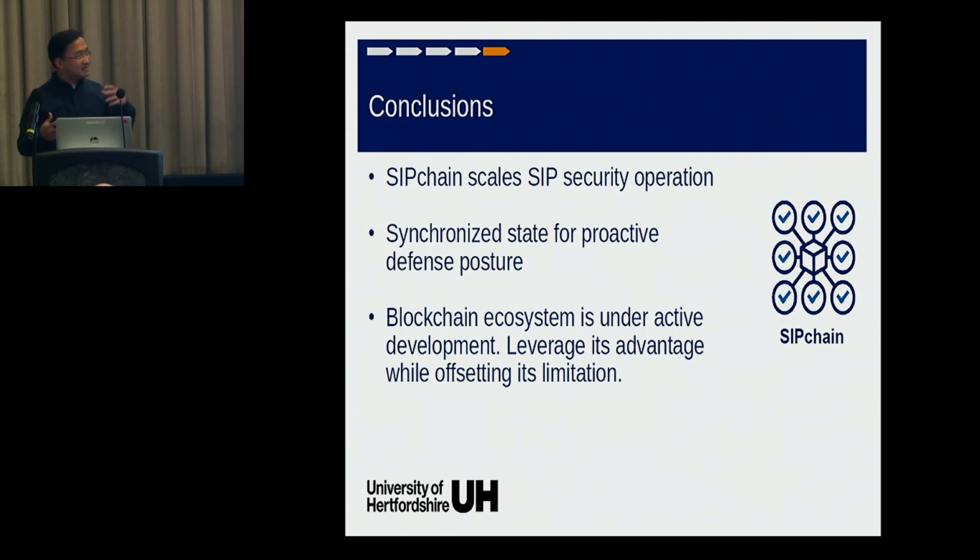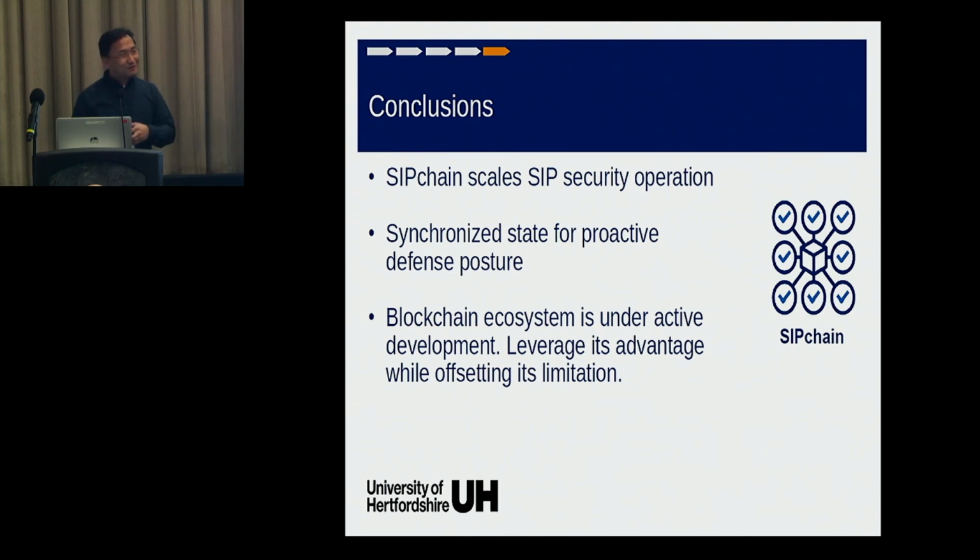But as for blockchain itself, the ecosystem is under active development and is growing every day. Especially when you write the scripts, you have to be really careful about what libraries and function calls you use, because these libraries change all the time. You have to make sure it all lines up and doesn't break, because it's still under active development.